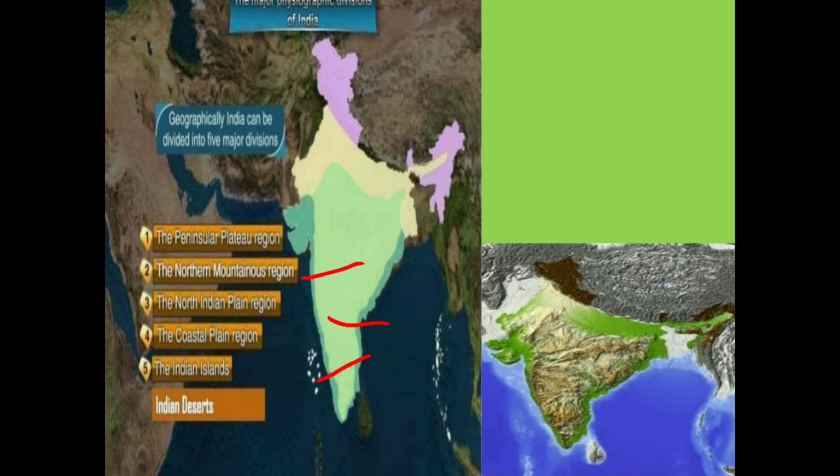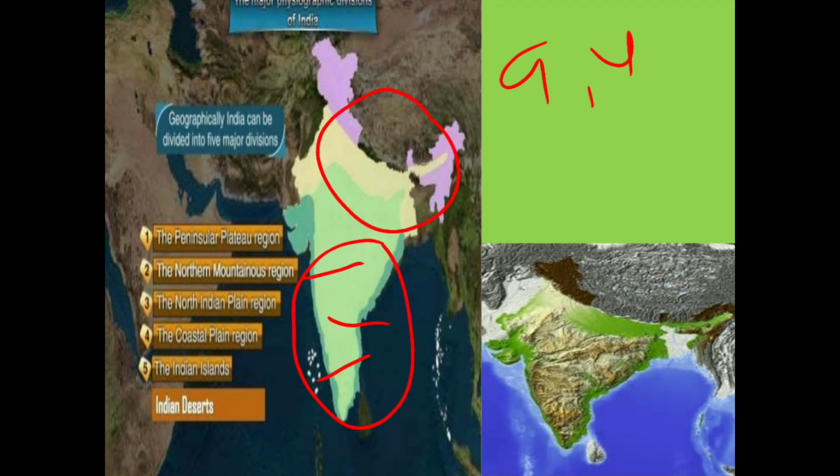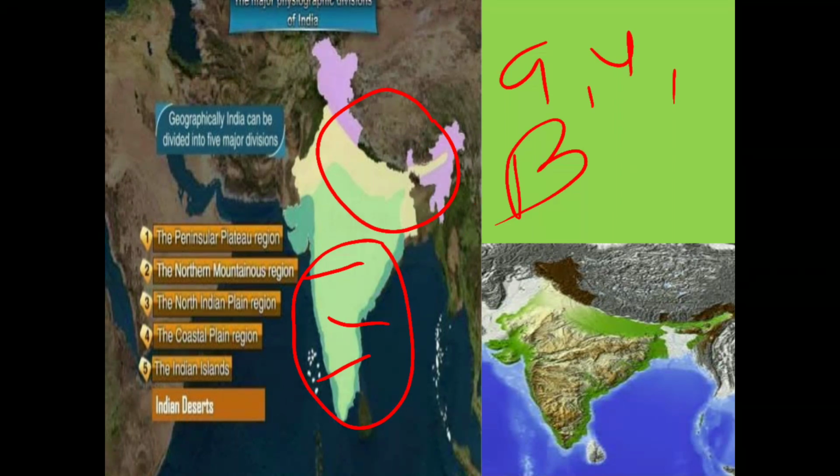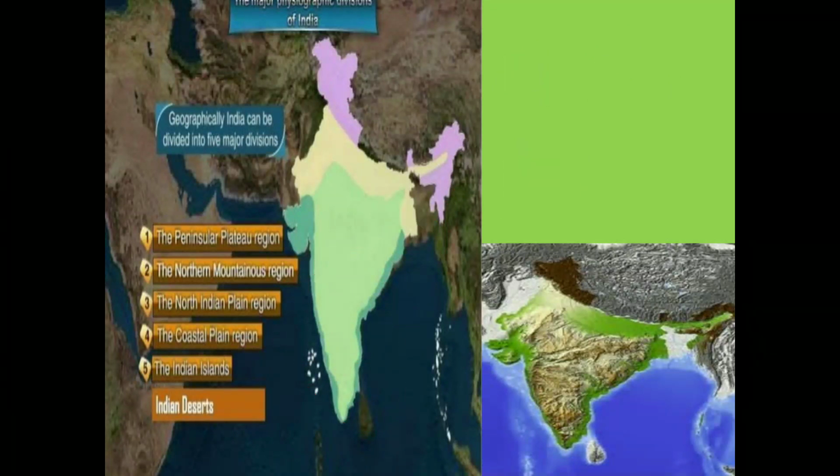These are the main rivers in the southern part of India, and the main rivers of the northern part are Ganga, Yamuna, Ravi, Satluj, etc. And most importantly, Brahmaputra; here we have Ganga and here we have Brahmaputra. Yamuna is a tributary of the Ganga. You need to know what a tributary is, and you will tell me.